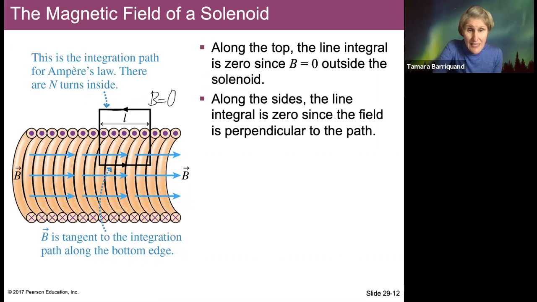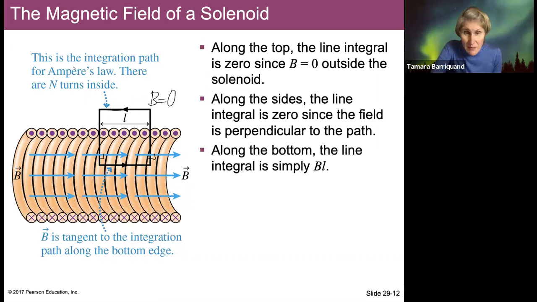Along the sides, the line integral is 0, since the field is perpendicular to the path. Anywhere the magnetic field is perpendicular to the path, the line integral will be 0. Along the bottom, the line integral will simply be B times L, because it is completely parallel to the path.